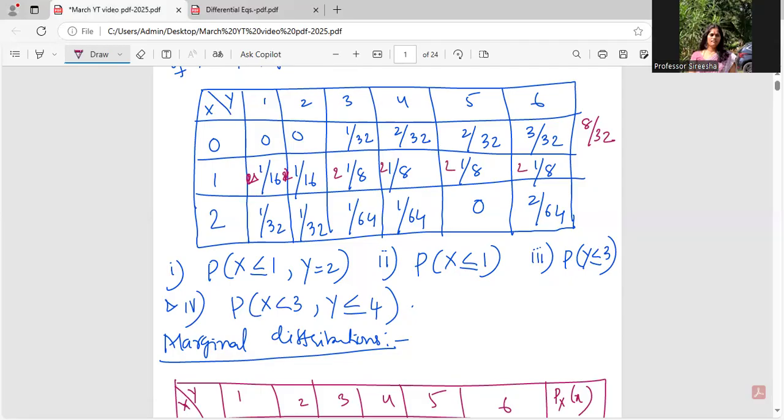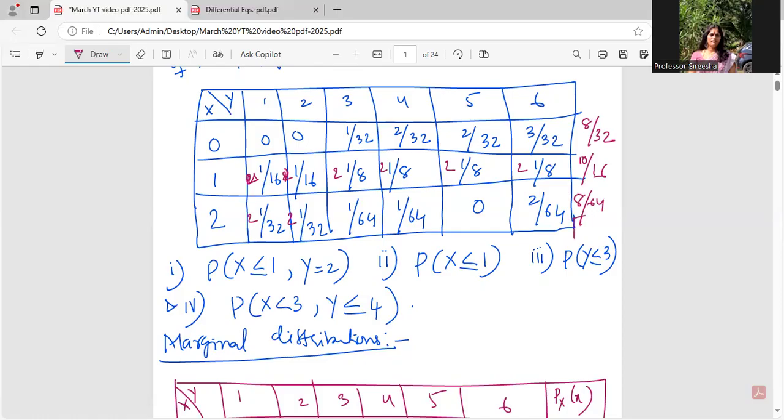So 1 plus 1, 2, 1 more 2, 4, 6, 8 and 10. So this would be 10 by 32. Again here also it is 2, here also it is 2. So 2 plus 2 is 4, 4 plus 2 is 6, 6 plus 2 is 8. So it would be 8 by 32.